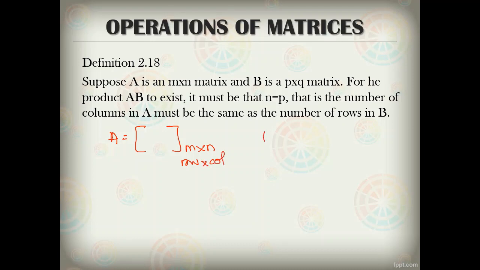You have matrix B here with order P by Q. This is the row of the second matrix. This is the column of the second matrix.